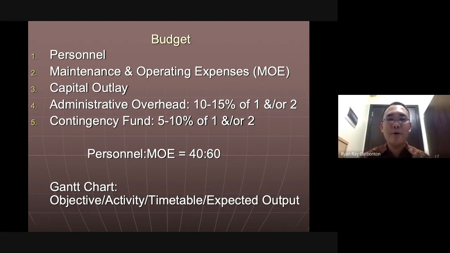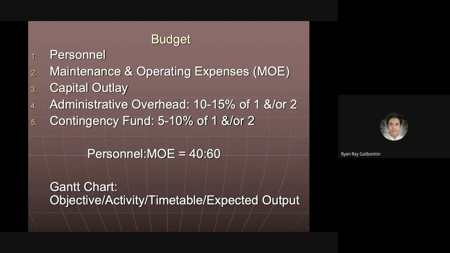For the acquisition of new equipment, no, new gadgets, no, new materials, that will be classified under capital outlay, while those administrative overhead, meaning yung mga expenses, no, na ginagamit siya pero hindi madaling mapansin na expense pala 'yon, no?